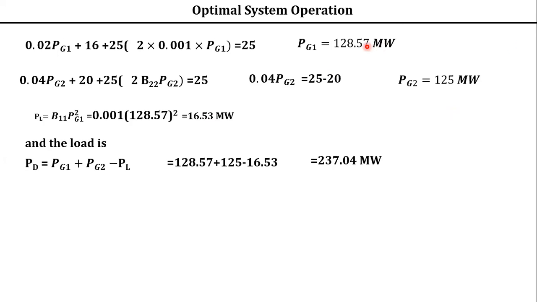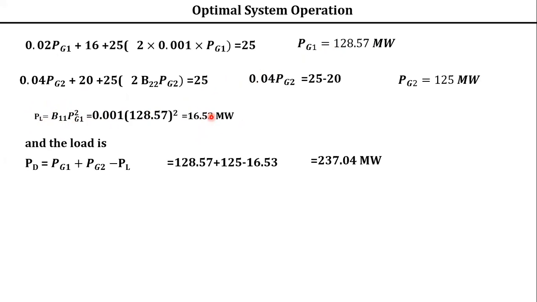Now, what is the power actually generated at plant 1? It is 128.57. So for 128.57, what is the transmission loss? So the PL equation is B11 into PG1 square. B11 we know, PG1 you substitute this value. So this is the actual transmission loss, for the actual generation at plant 1.